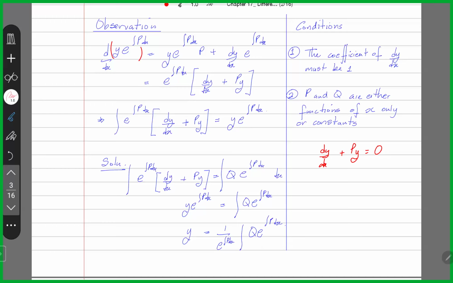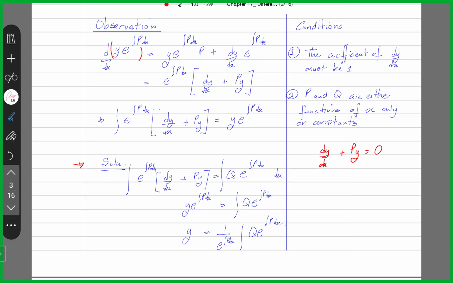Since I know that if I integrate e to the p dx, dy by dx plus py in bracket, I'm going to get y e to the integral of p dx, what the person did in order to come up with a solution was multiply both sides of the equation by e to the integral of p dx and then find the integration.